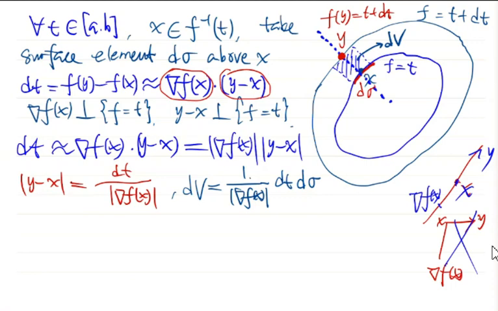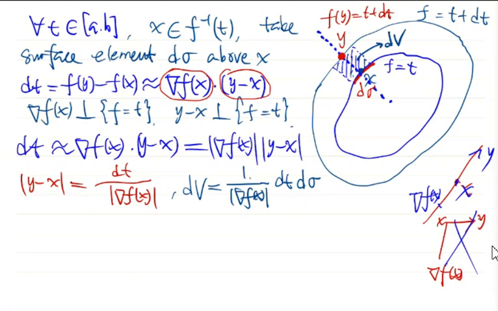Okay, because d sigma is very small and dt is very small, this region dv is also very small. Therefore, we can use the density at the point x to represent the density in this volume. That is because the density is a continuous function.